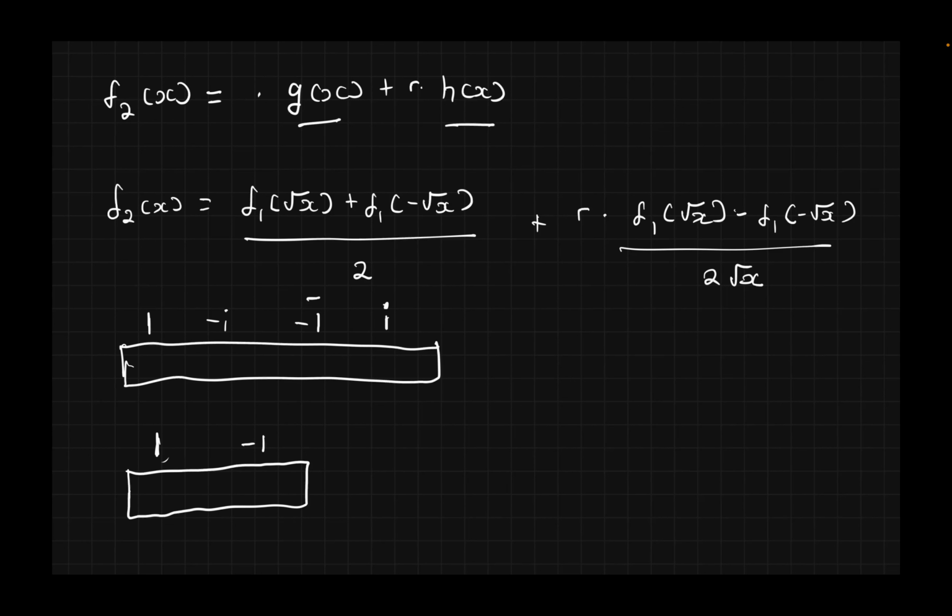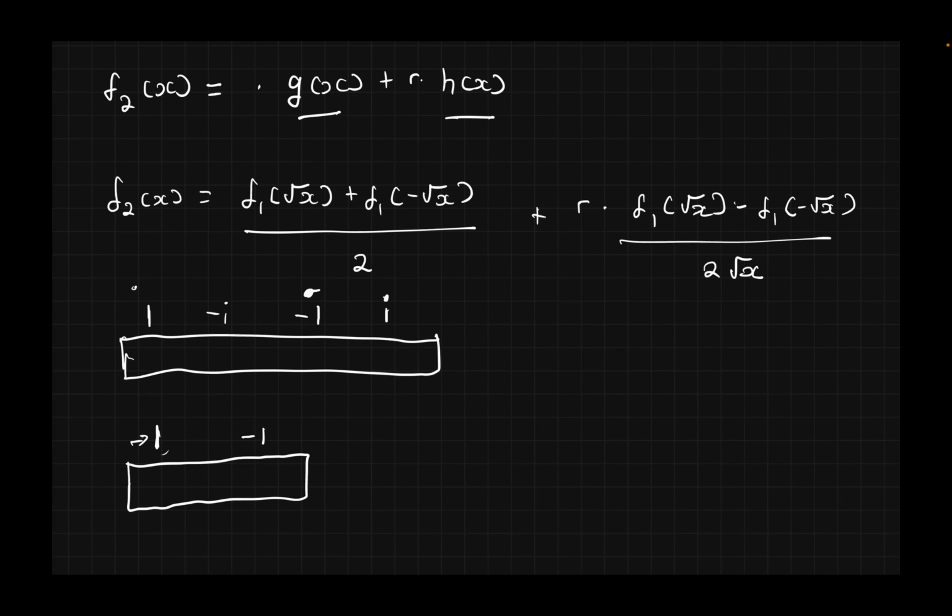If I want to get, 1 came from what? Minus 1 and 1, right? So if I know this now, and I want to know this and this, what do I do? Square root down. Do you get it? Does it make sense?